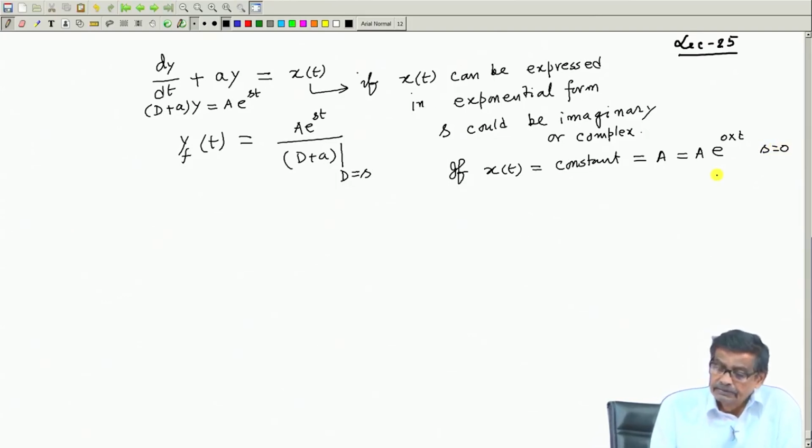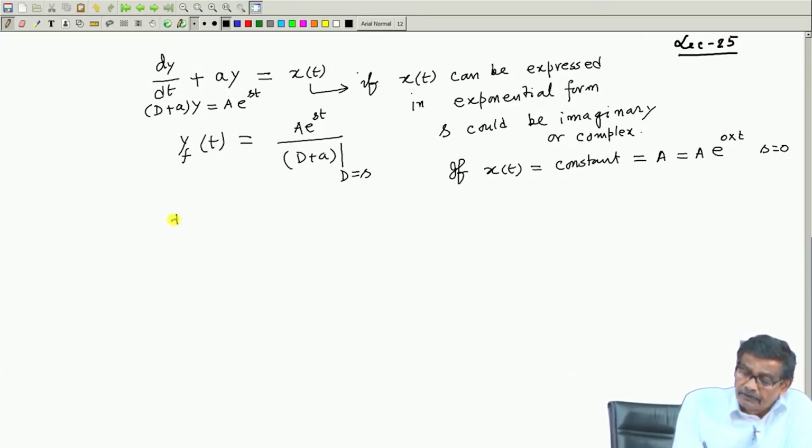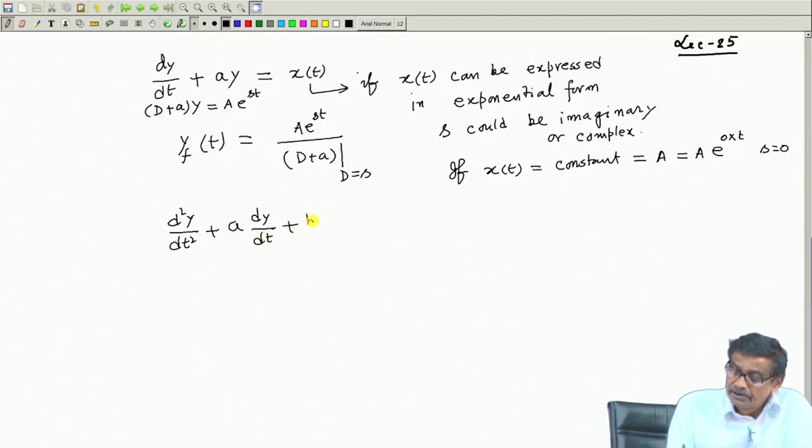It need not be a first order differential equation, it could be a second order differential equation, for example d2y/dt2 plus a dy/dt plus b y is equal to A e to the power s t.